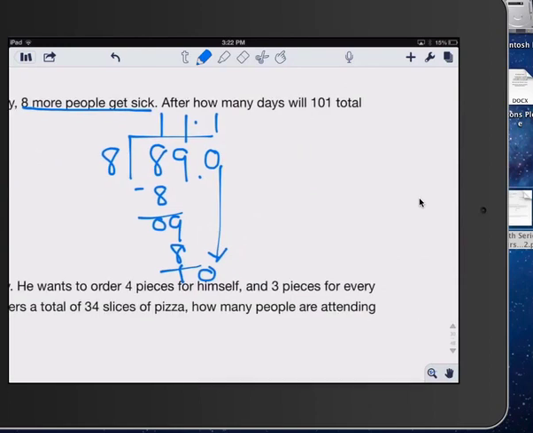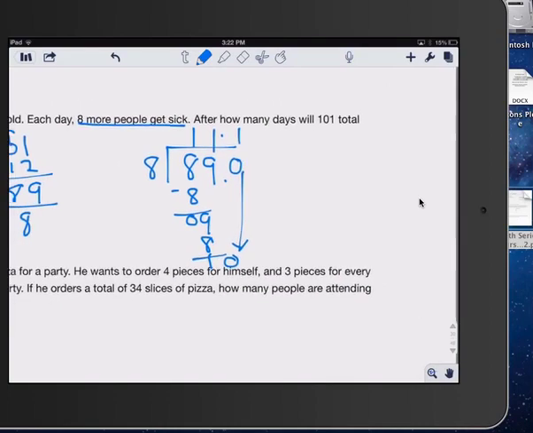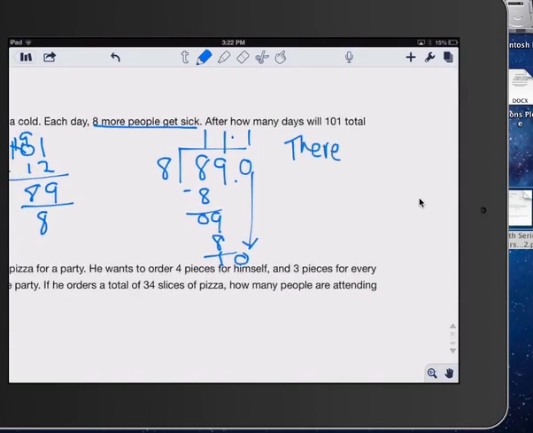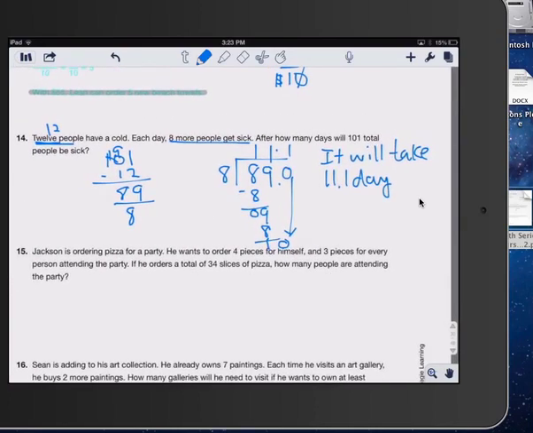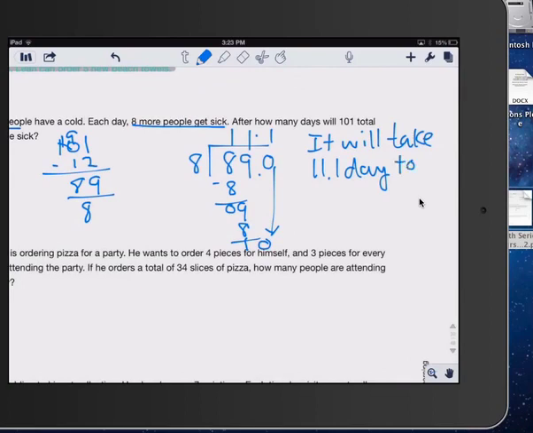So you can say it will take 11.1 days to get 101 people sick.